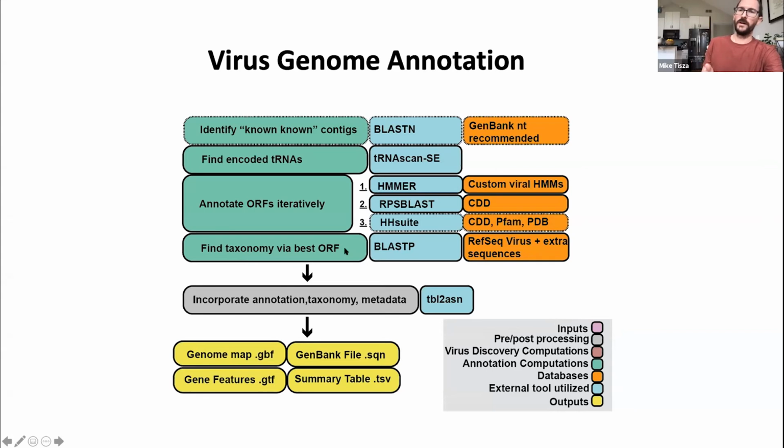So if this was a double-stranded DNA phage, it would find the portal protein or the terminase protein or the major capsid protein to use to query RefSeq to find what the closest hit taxonomically is, or if it's an RNA virus, it would use the RNA-dependent RNA polymerase. So that's what it means by best ORF. And then that gets all wrapped up together into a genome map, as well as some other files that you can, again, submit to GenBank and do other things with.